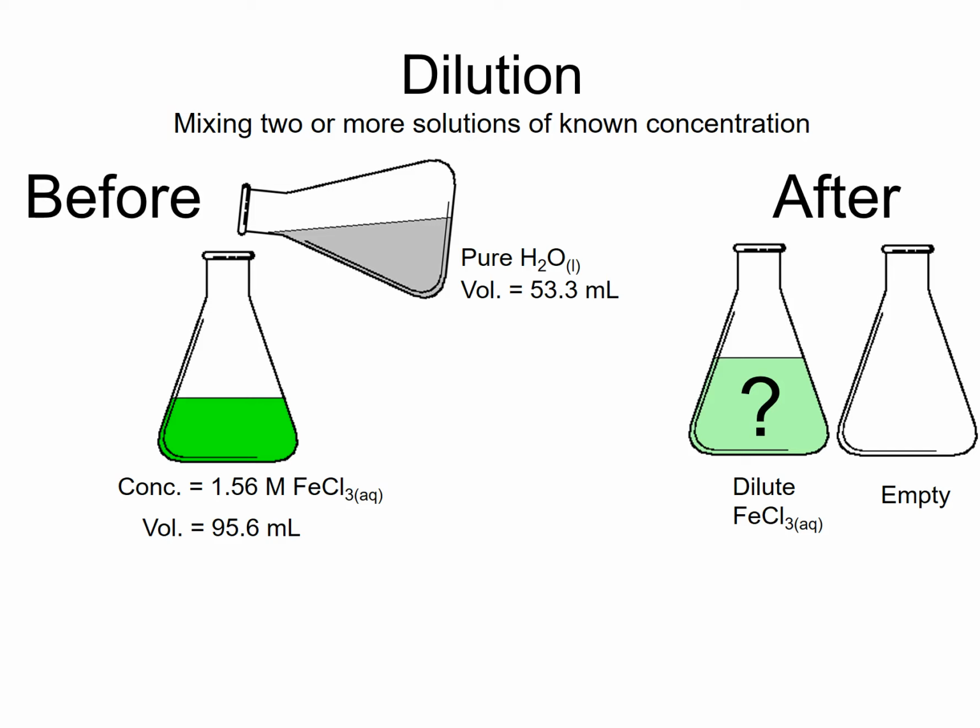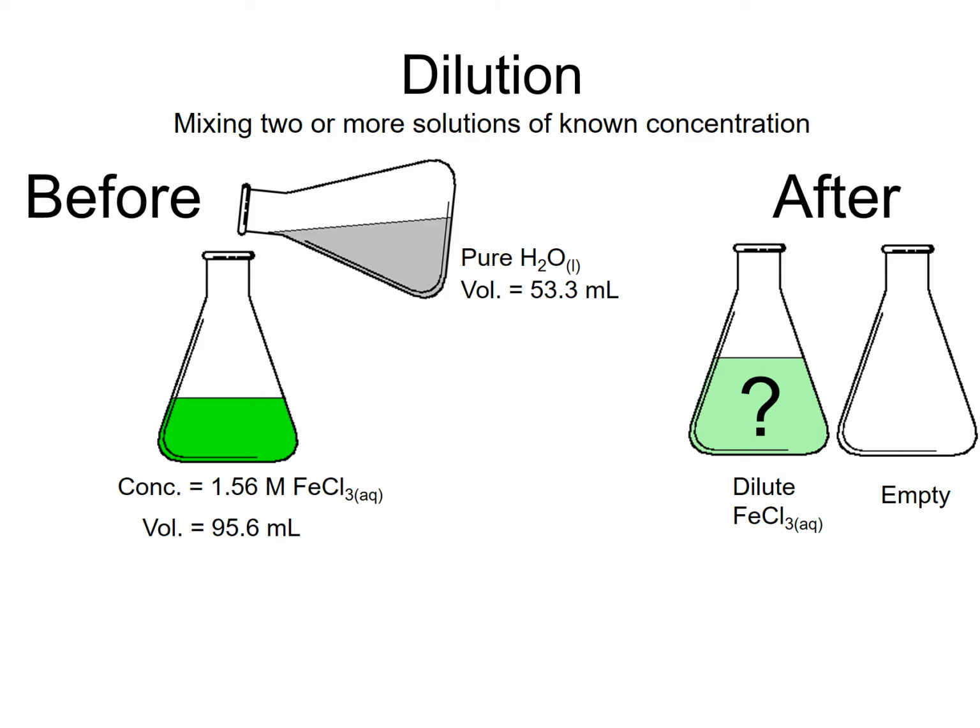We also know something about the water. A total of 53.3 milliliters of water were added to the original highly concentrated iron chloride solution. So now we have molarity and volume information, and what we hope to determine, illustrated by that question mark off to the right, is the final concentration of the dilute iron chloride solution.